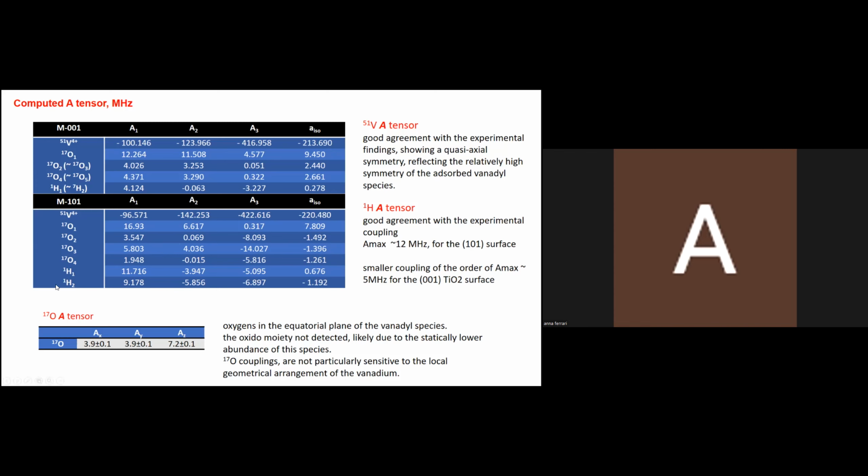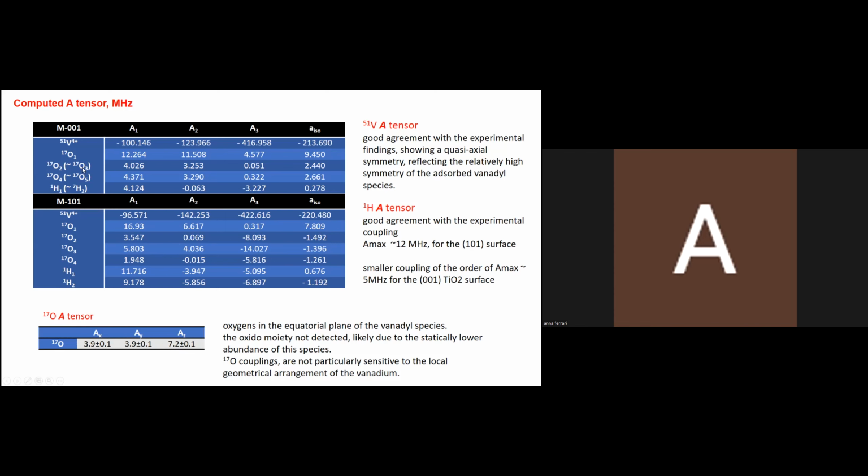The other point we want to discuss is the oxygen tensor. In this case, only a sort of average value is derived experimentally.